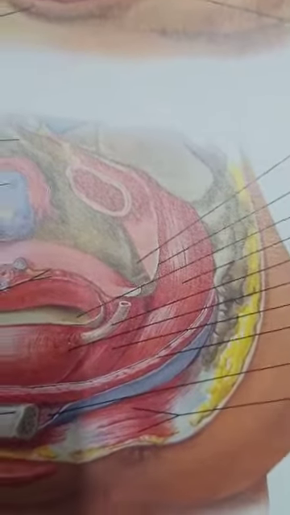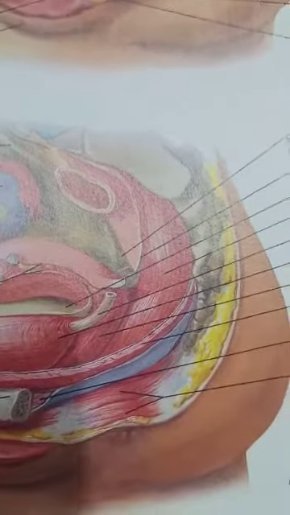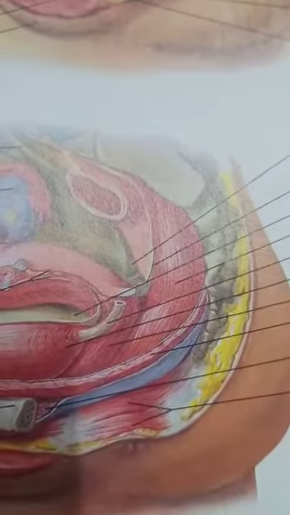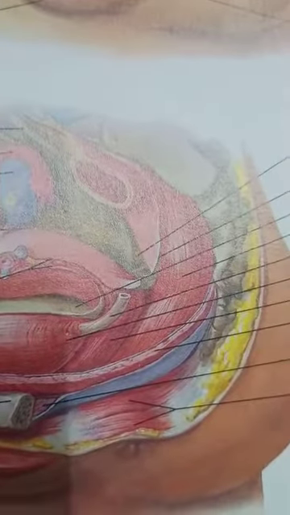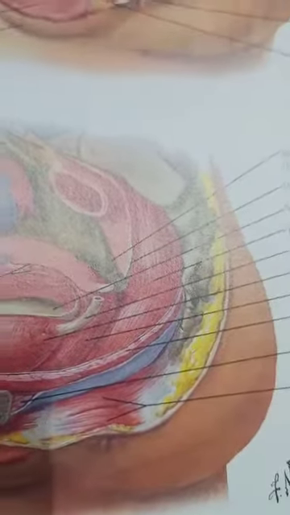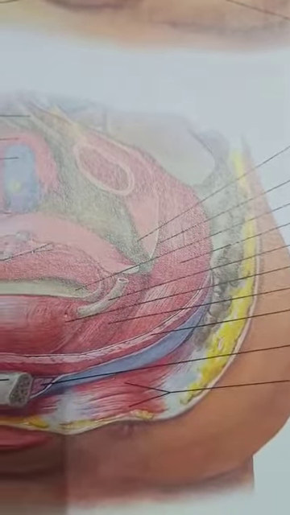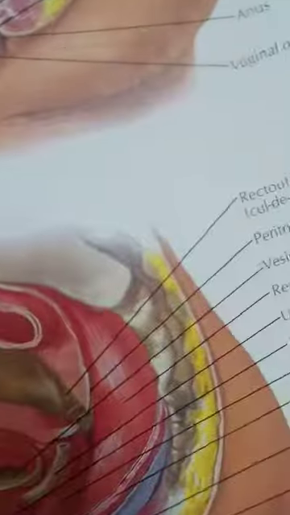Then it is examined through a procedure known as cystoscopy, that is examination of the interior of the urinary bladder. So these are the applied aspects regarding the urinary bladder.